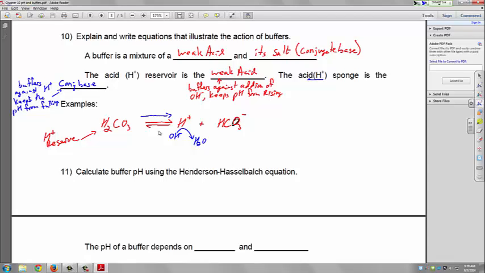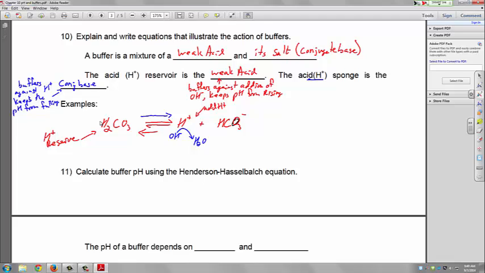Okay. And in opposite fashion, if we add hydrogen ions, remember I used that U-tube analogy, and a U-tube is not a video sharing website. The U-tube is a piece of glassware that looks like a U. The hydrogen ion added to the right hand side forces the equilibrium back to the left.